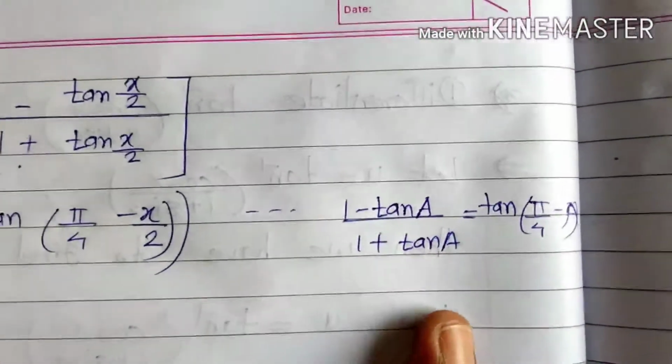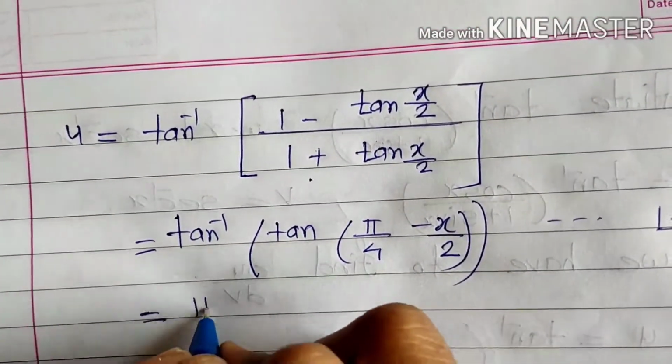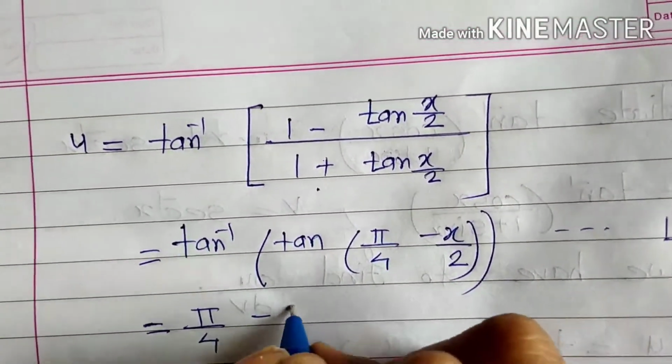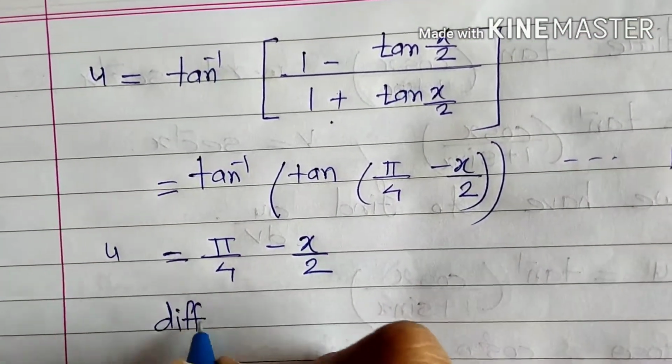Using this we get tan inverse of tan of the function, which is pi by 4 minus x upon 2. Now differentiate with respect to x.